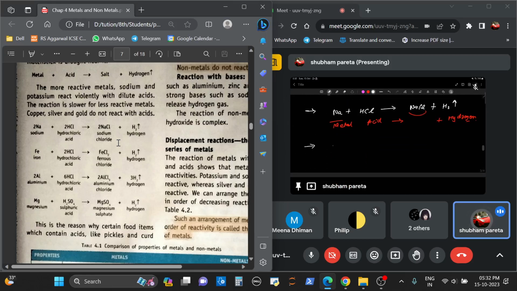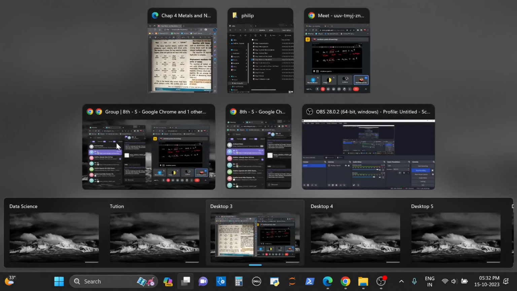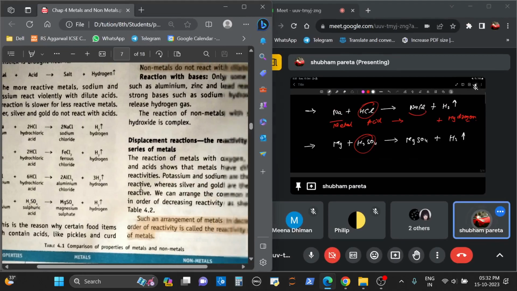Similarly, you can see the next reaction, which is of magnesium. Magnesium plus H2SO4, which is sulfuric acid, gives us MgSO4, and it will also release hydrogen. This time HCl is there, and next time we are having concentrated H2SO4 over here.